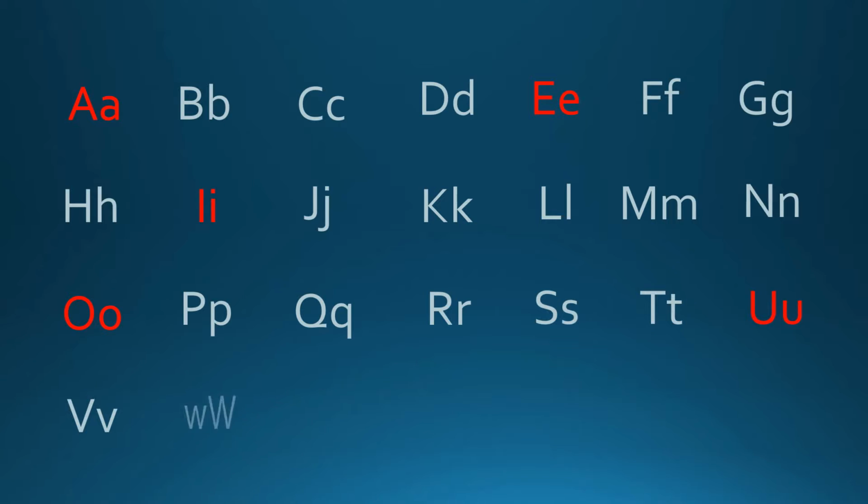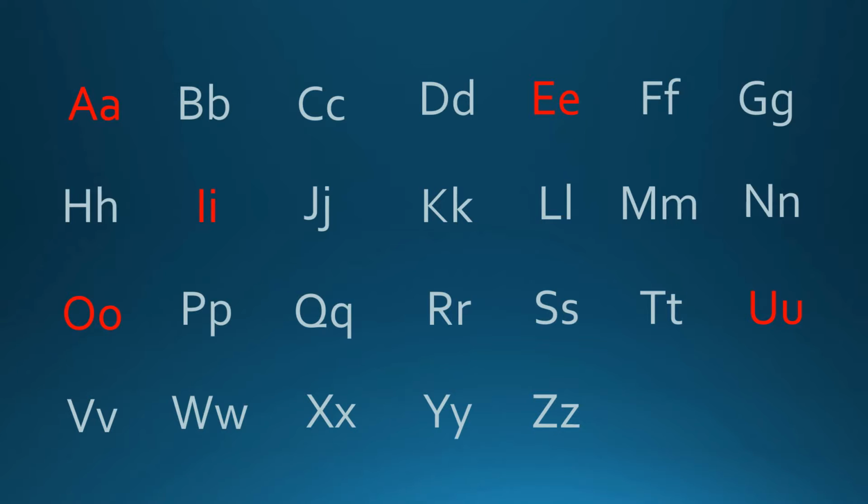A, B, C, D, E, F, G, H, I, J, K, L, M, N, O, P, Q, R, S, T, U, V, W, X, Y, Z. Got it, children? You have learned this song. So, you know there are letters starting from A to Z.